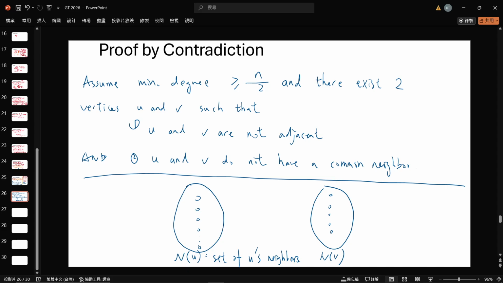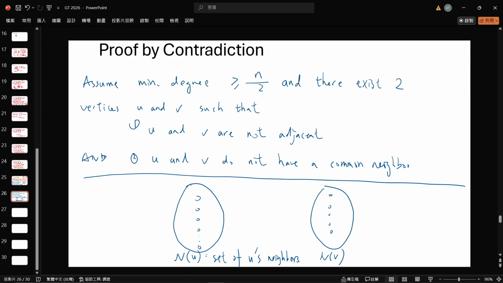可不可以把 U 放在 N of V 里面？我们先确认 U 不能放在这里面，那 U 能不能放在这里？OK，为什么不行？Exactly.